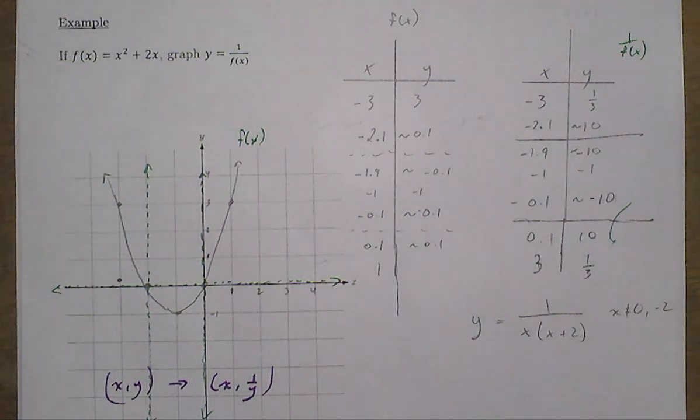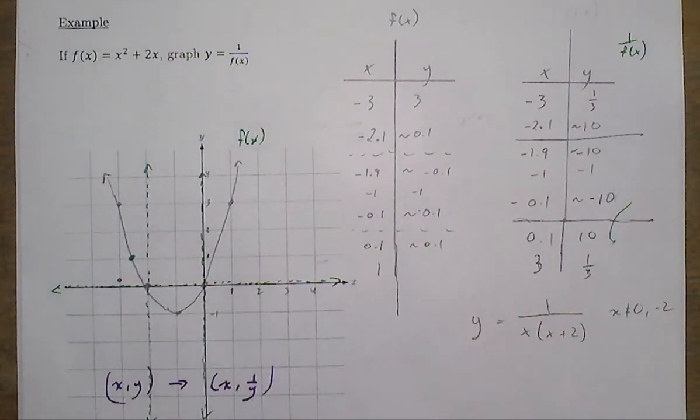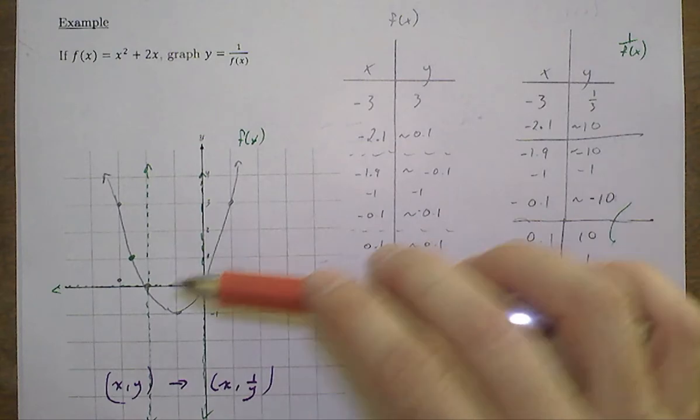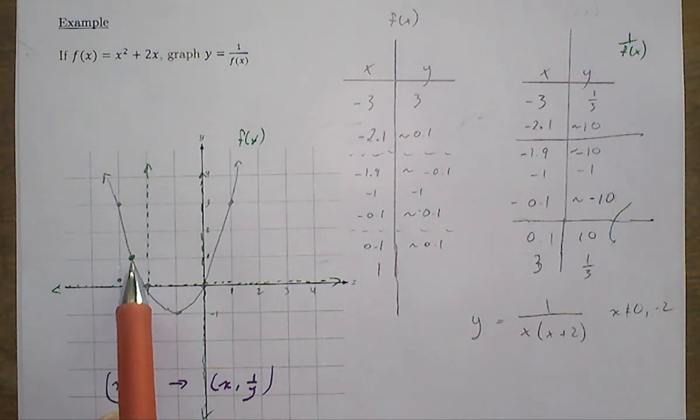Now, here's a weird point. This one right here is called a stationary point. What is the x value of that stationary point? I have no idea. I guess I could figure it out, but I don't want to. Simply because at this specific point, since the y value is 1, when I take the reciprocal, the y value is going to remain as 1. This is called the stationary point.